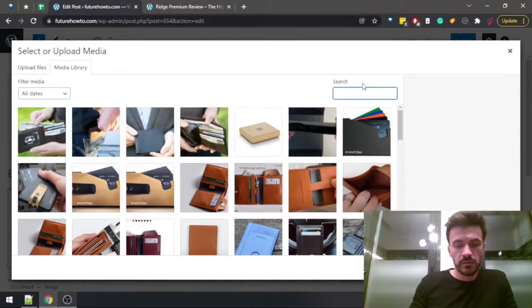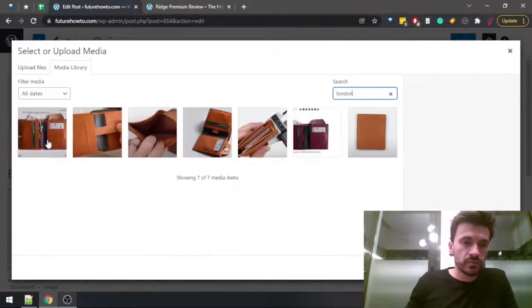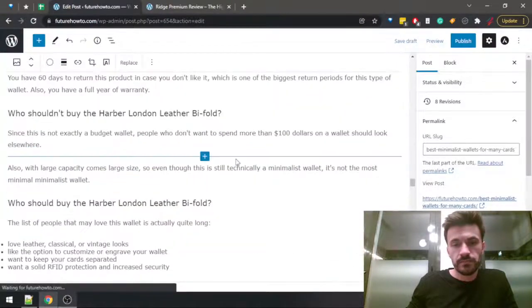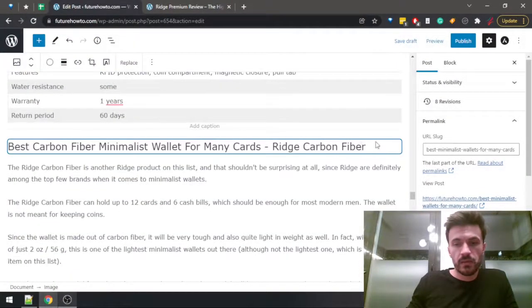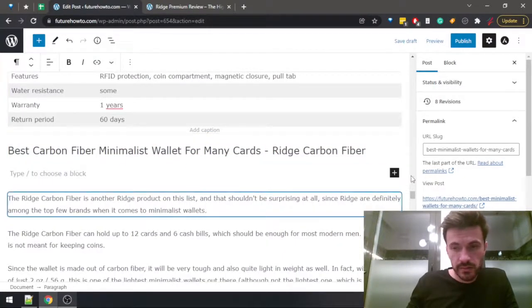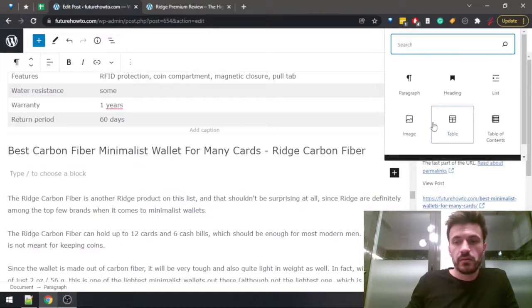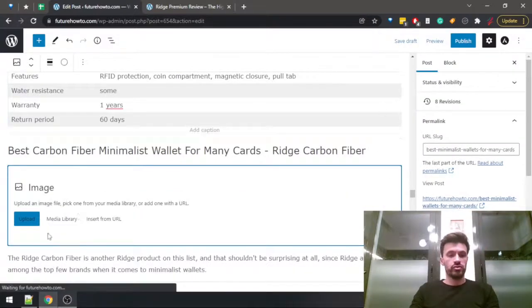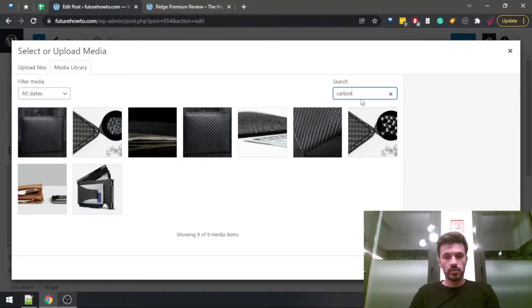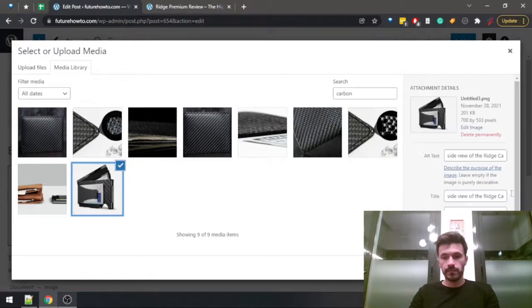What's going on here? Okay, this is a good one. Ridge carbon fiber. What? Carbon. Okay.